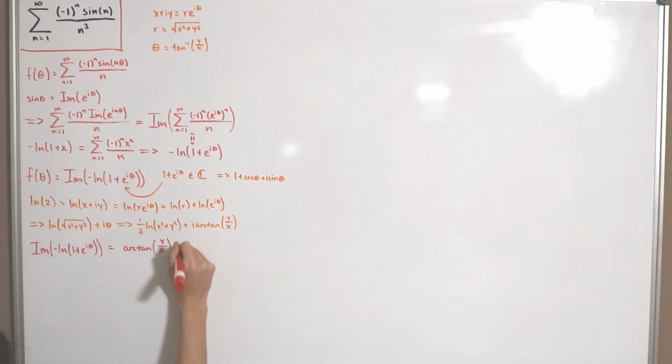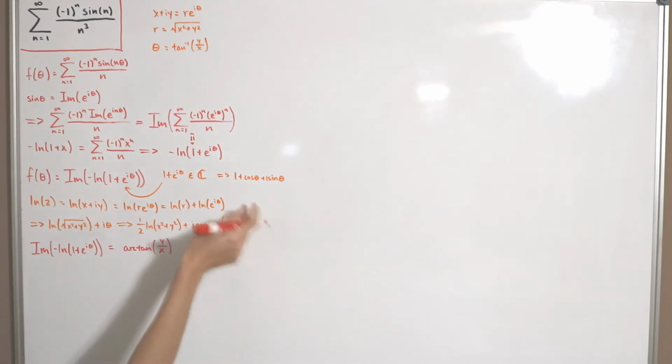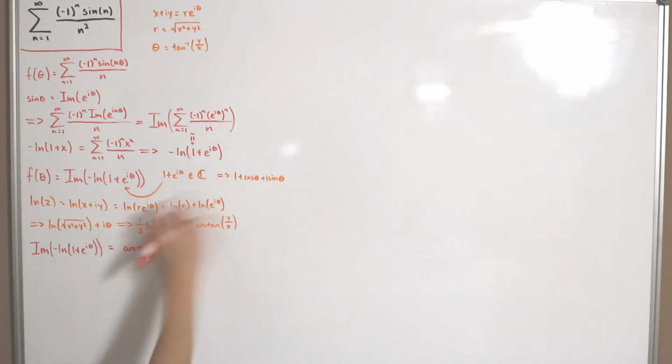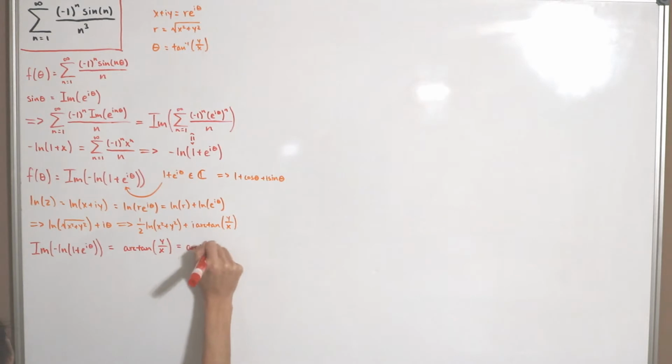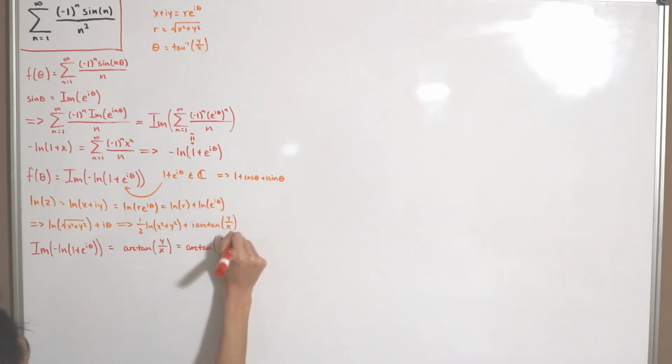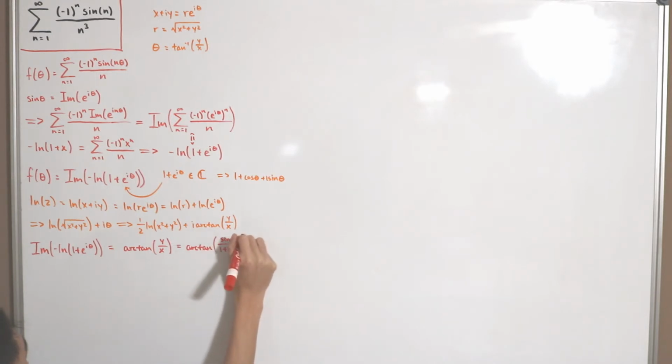Now if I were to input back our y, what we equate the complex number from here, this is actually just arctan of, let's see, that's supposed to be sine theta, and then divided by 1 plus cosine theta.